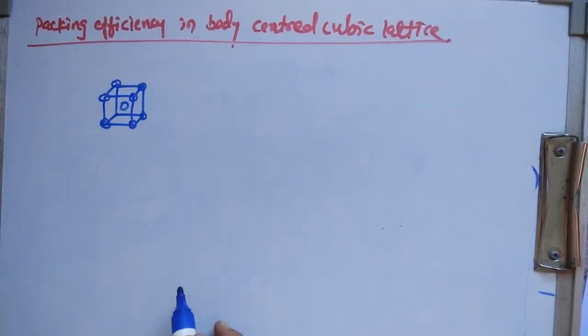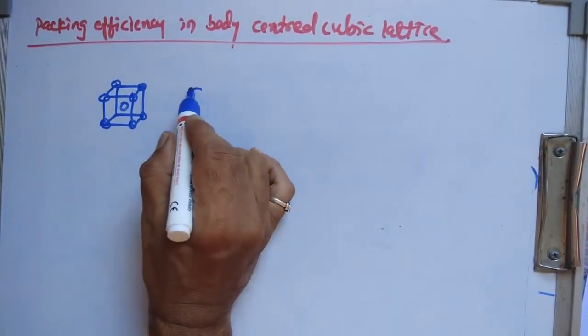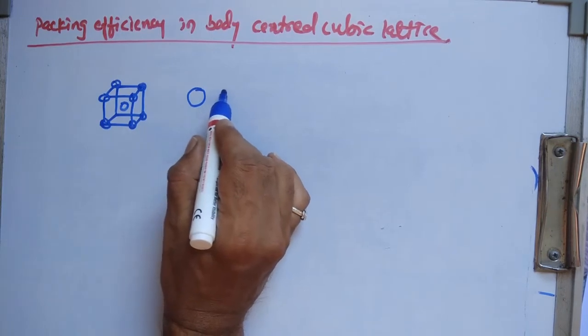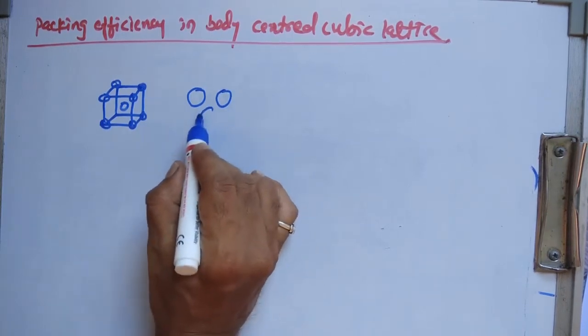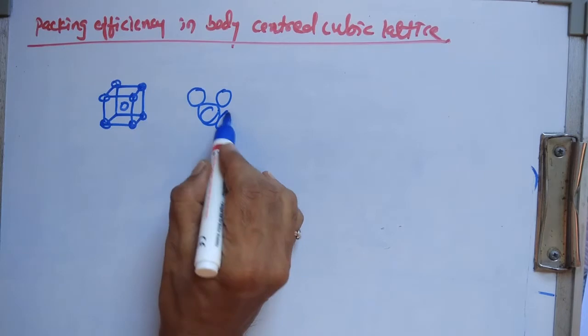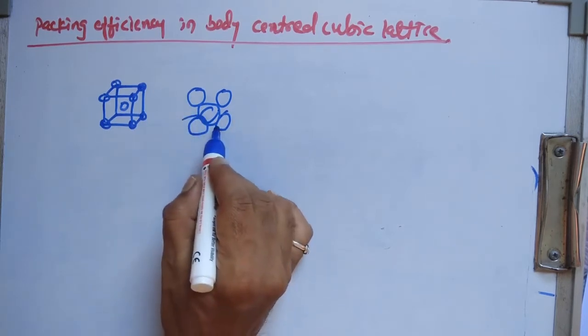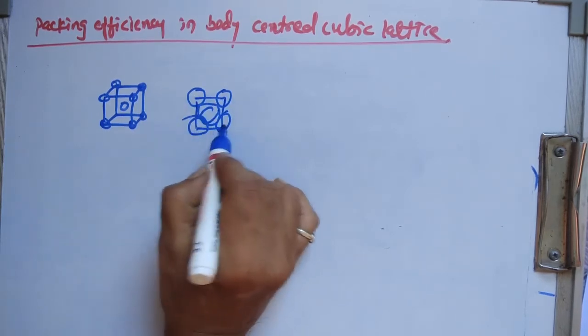So like this, but actually it may be like this. So this is the front view, suppose. So this is the front view.